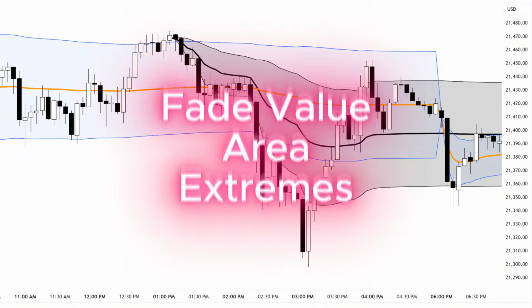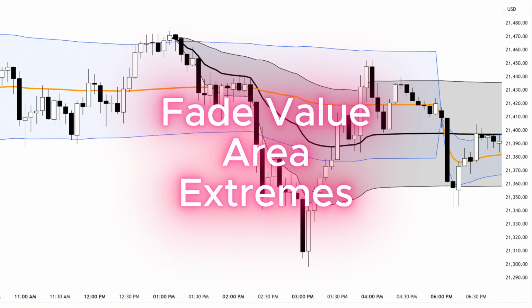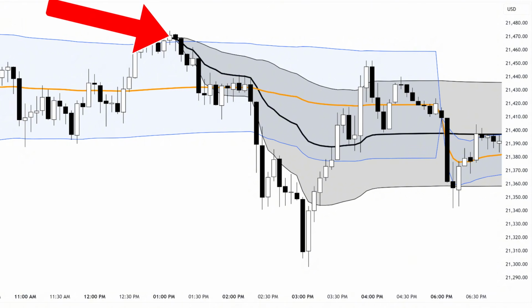And lastly, fade value area extremes. I'll sometimes anchor to the first rejection candle at the band or a high volume node edge. If price rotates back and respects it, it's confirmation that the fade is still valid. You're going to notice a pattern here. We're layering context, structure, and most importantly, who's in control.